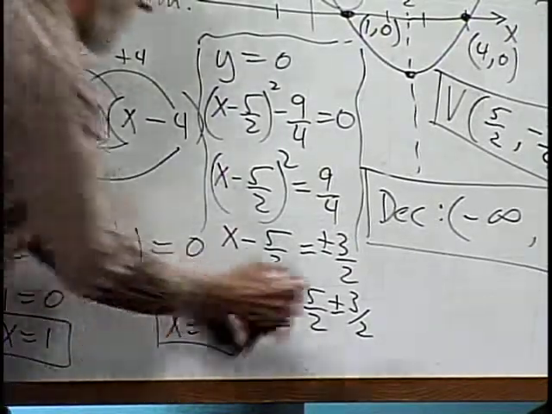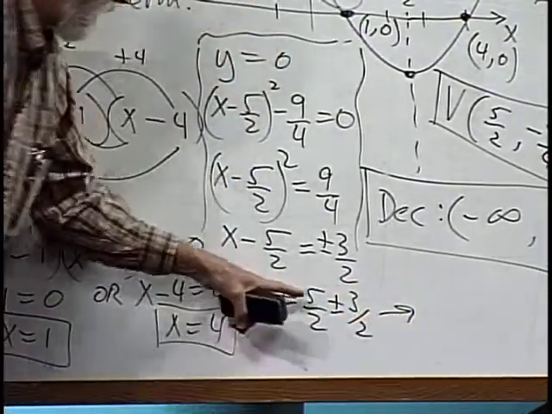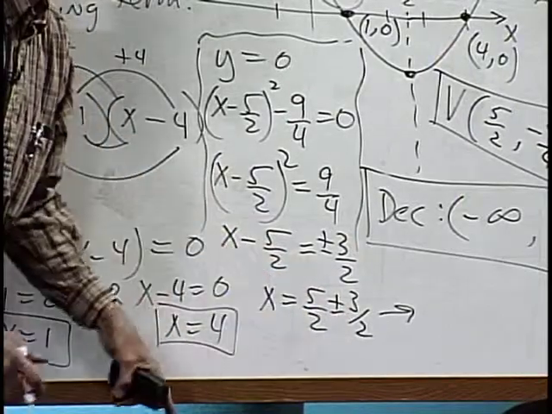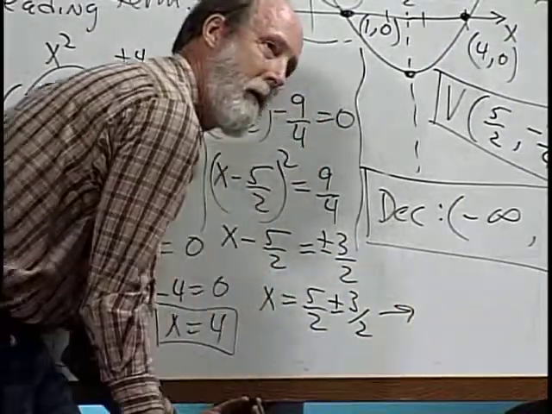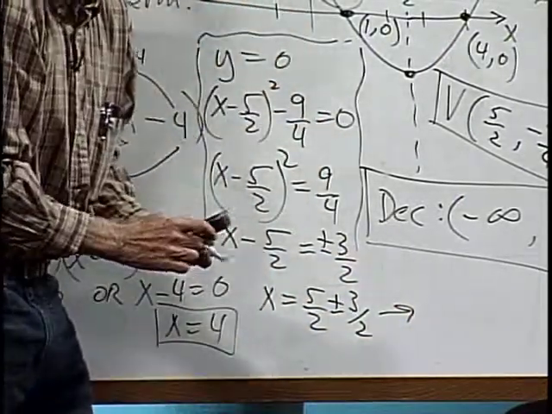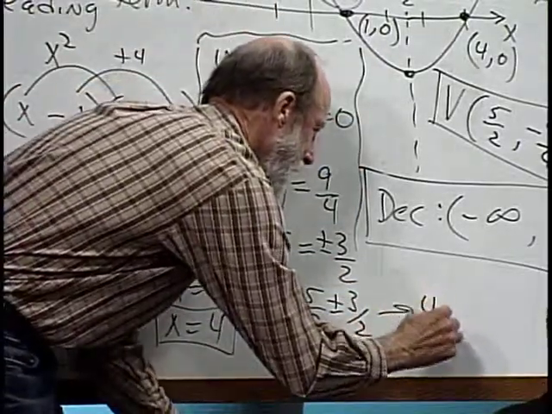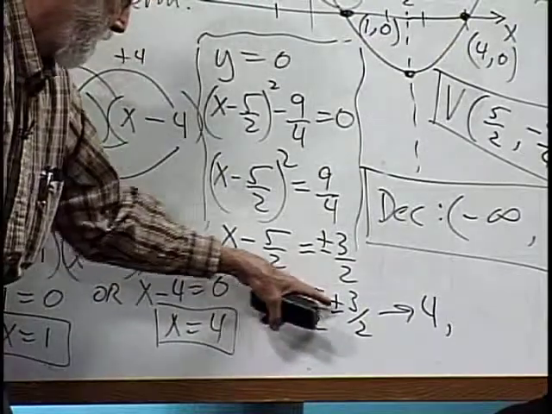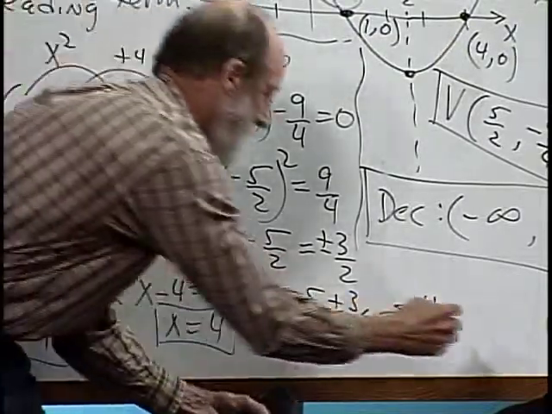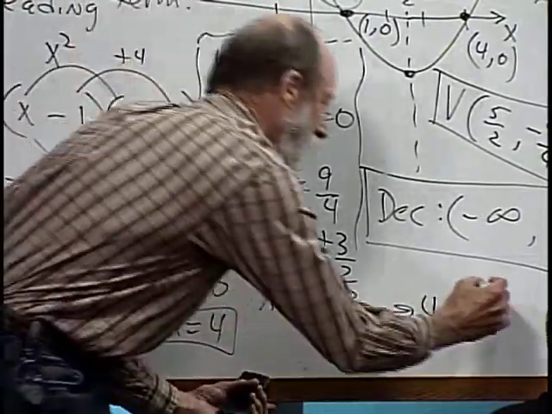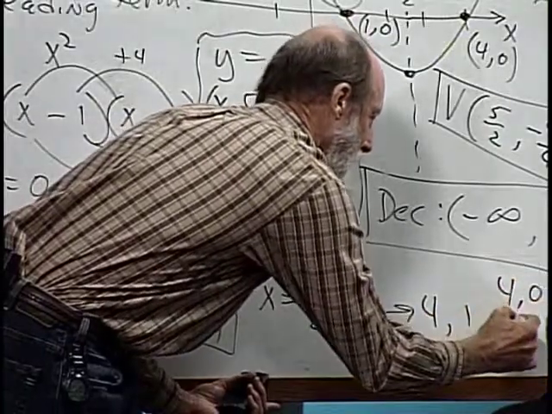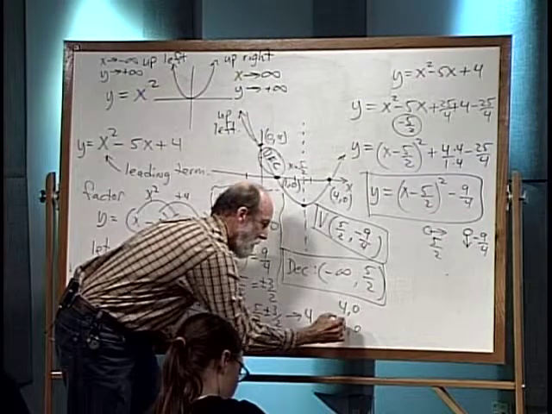And you get, look at the two answers you get coming out the door here. 8/2 is, you guys awake? Okay, 8/2 is 4. And the other one, 2/2 is 1. So we get the zeros, 4, 0, and 1, 0, as we did earlier.